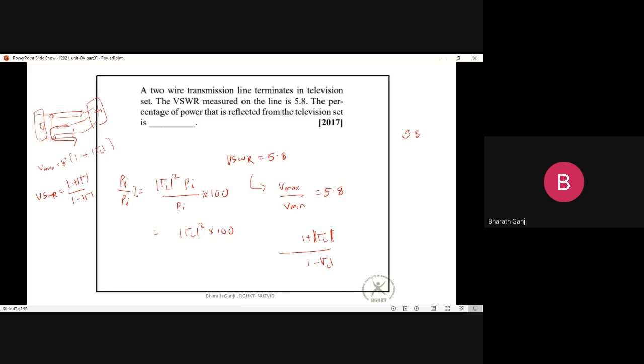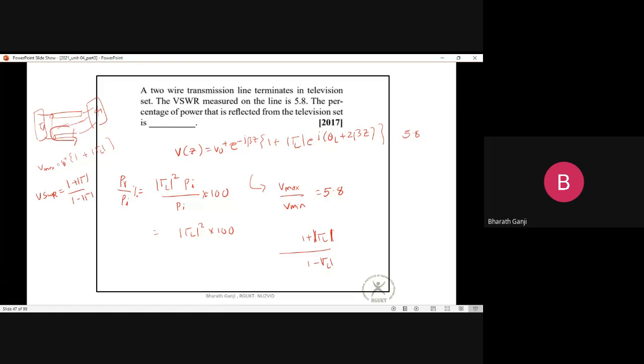You might think that is a very big thing to remember, and that it's better to learn it by heart. But if you remember, not even the formula, but the concept behind it, that the voltage on a line is nothing but V naught into e power minus j beta z times 1 plus modulus of Γ into e power j theta, of course, because I'm writing it in terms of z, you get plus 2 beta z. If you remember this one, you can actually do most of the problems.